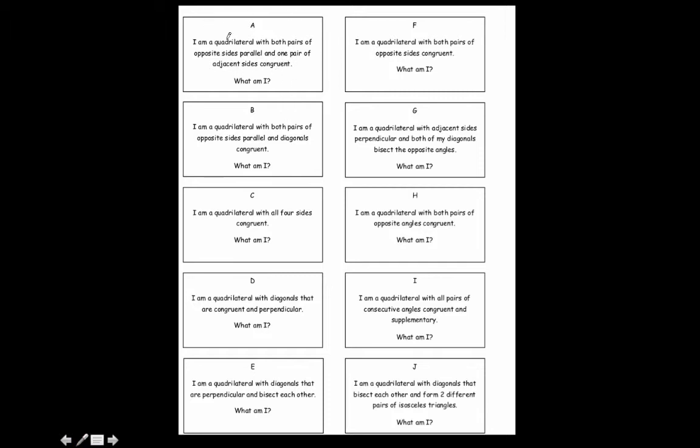Since opposite sides are congruent always, if you have one pair of adjacent sides congruent, then all of them are. So the answer is a rhombus. You don't know anything about the angles, so you can't say it's a square, but you know all the sides are the same and that it's a parallelogram.